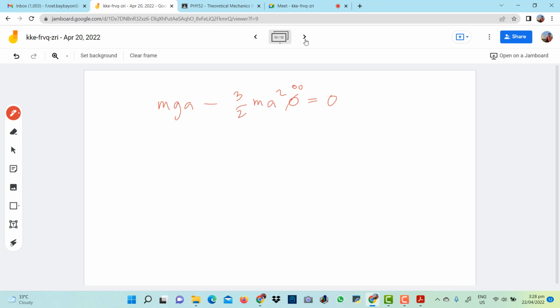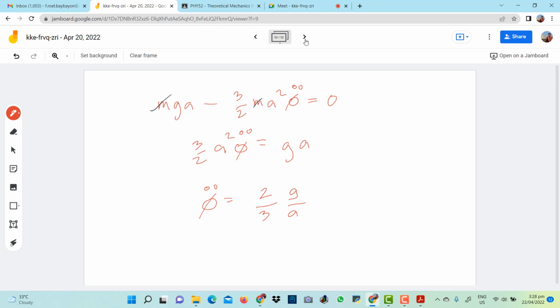To solve, we can cancel out the m. So it becomes 3 halves a squared phi double dot equal to g times a. So therefore phi double dot is equal to 2 over 3 g over a.